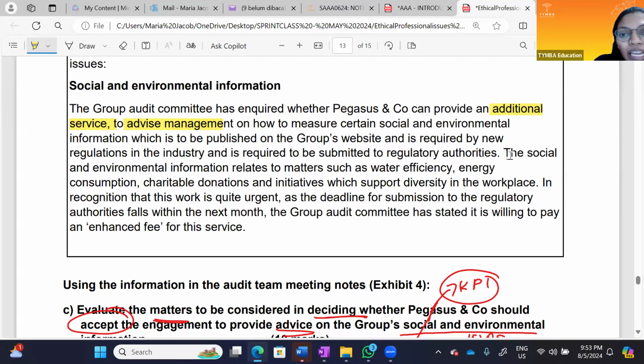Number one, I am not sure, because they only say measure certain, so I don't know the size of the social and environmental information that they want me to provide. Secondly, it is going to be published on the group website, so it is likely going to be included in the annual report also. It's a requirement in a regulation in the industry, and it's required to be submitted to regulatory authorities. Now, are they requesting us to provide assurance or advise them how to do it?